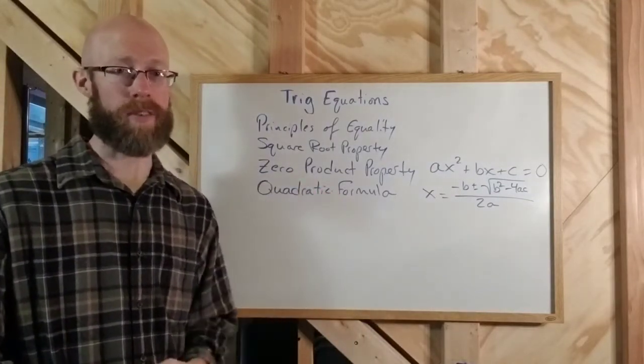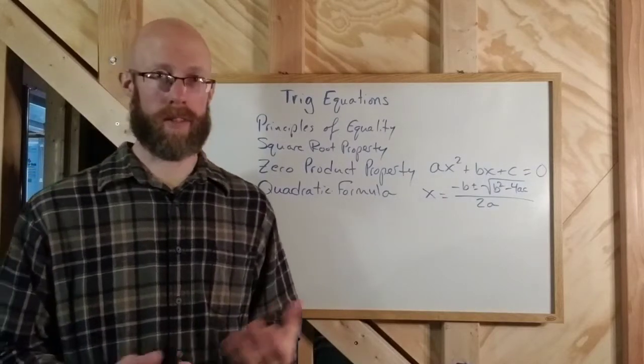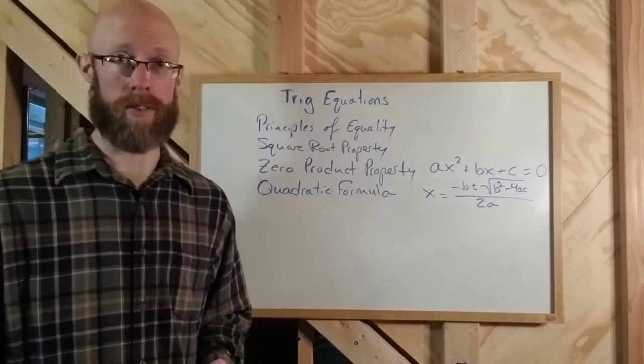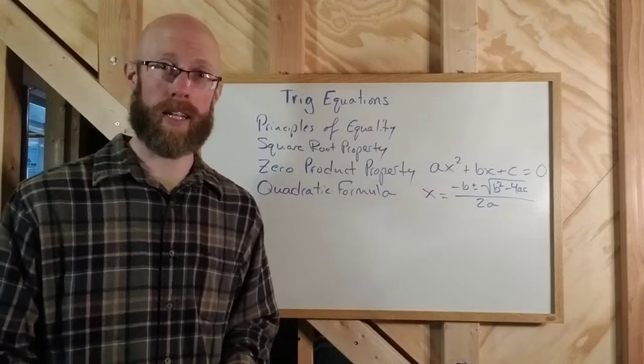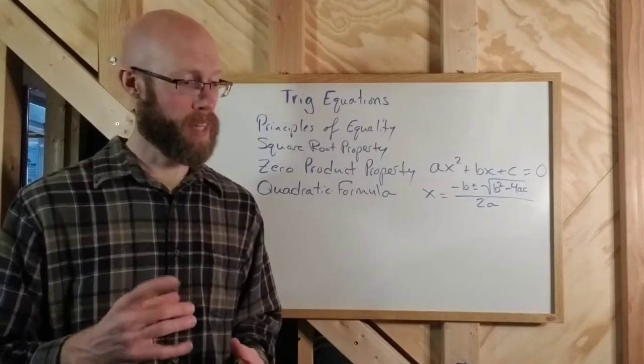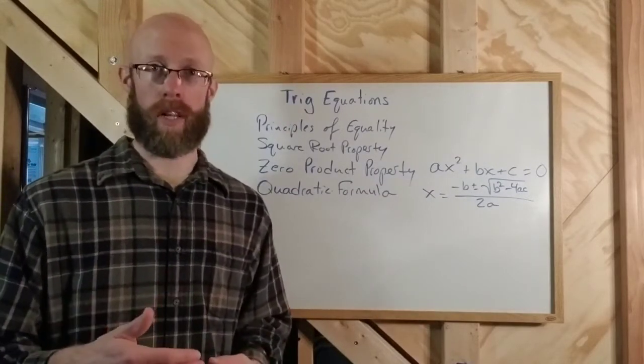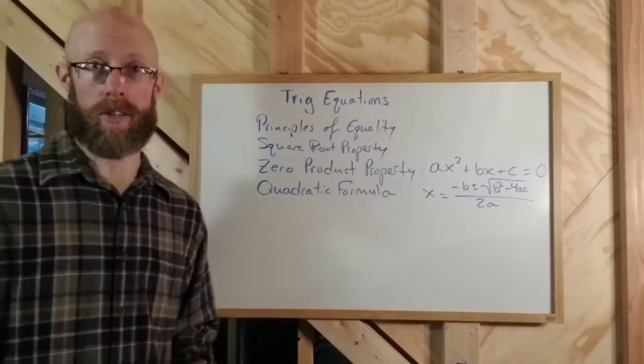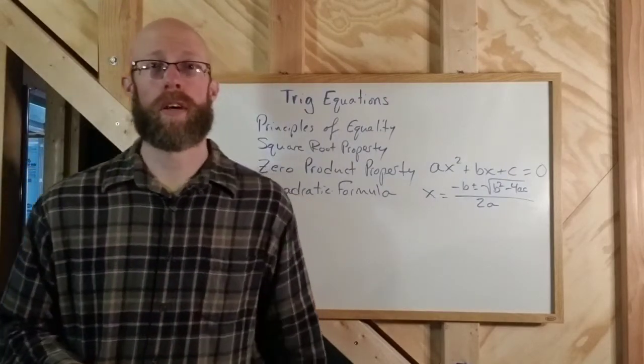This is our toolbox. There may be some other things, obviously things that we've learned in this class, like our identities, our Pythagorean identities, our quotient, reciprocal identities, our cofunction identities. All of those could be very important.